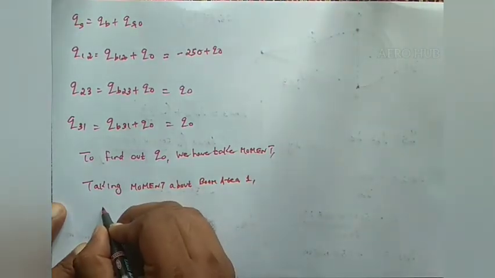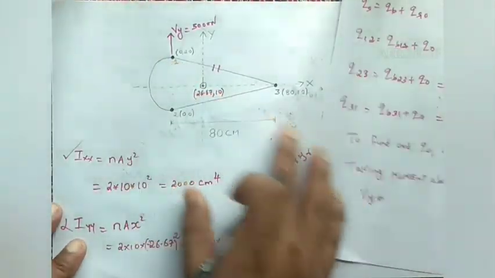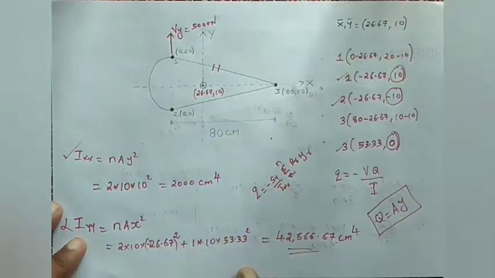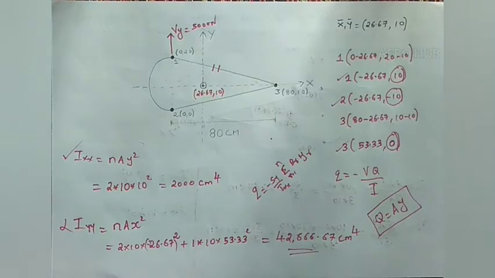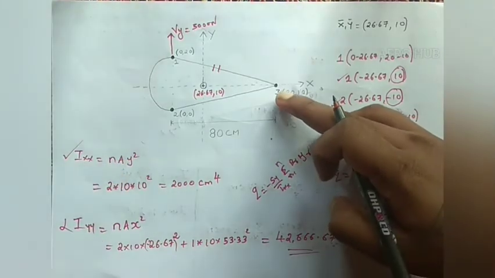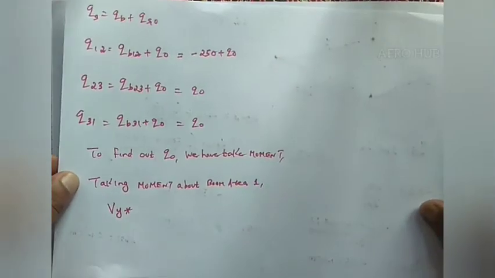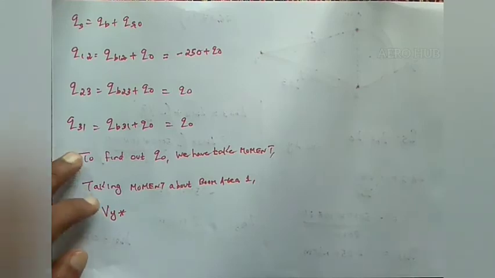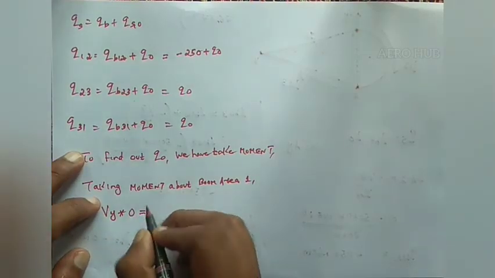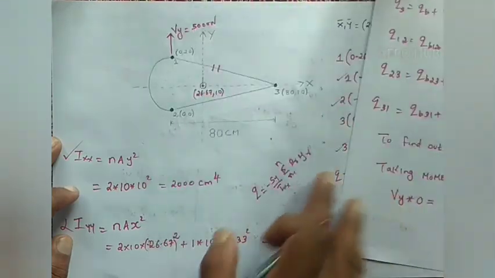The shear force is Vy. Since I am taking moment about boom area 1, the moment arm will be 0. If I were taking moment about point 3, I would have to multiply by 80 centimeter. So to make the calculation simpler, I am taking moment about point 1. So the Vy term will be 0, and then the moment about the shear flows.